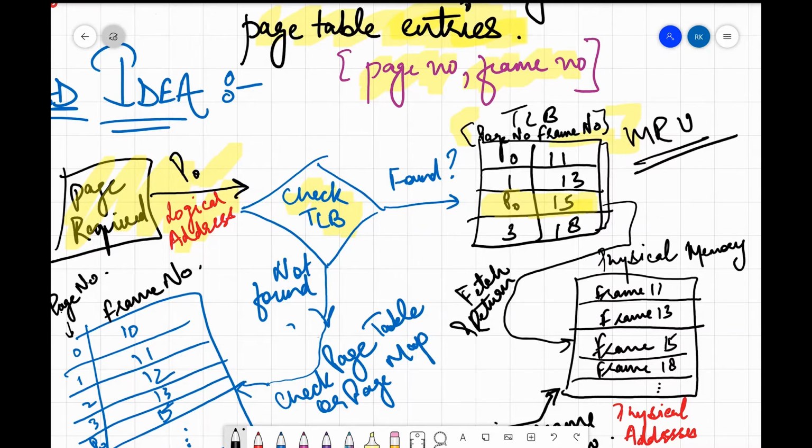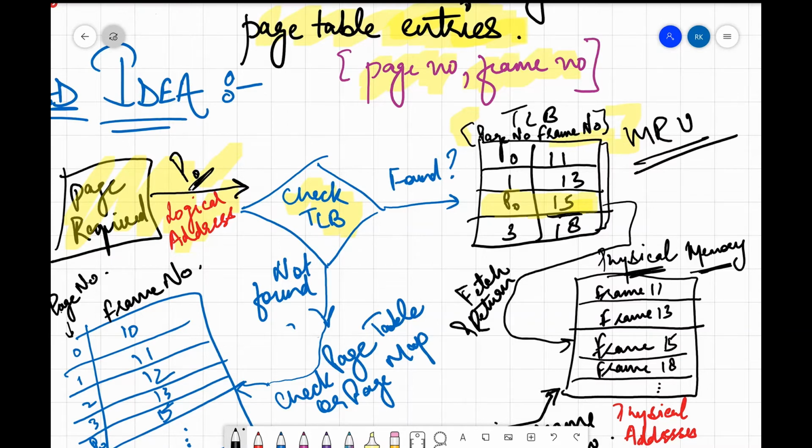So what was happening over here was P naught was requested. So we found that P naught entry over here, which has a frame number 15. Please pay attention over here, that here only the frame number is there. It is not storing the actual frames, because the actual frames will be where? They'll be in the physical memory. Remember, physical memory stores data in the form of frames, and logical memory stores in the form of pages, right?